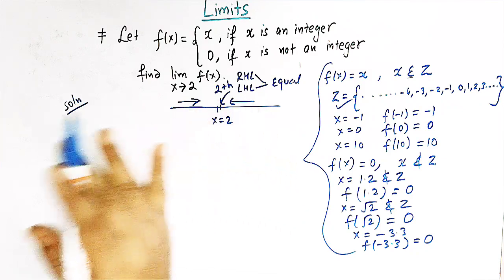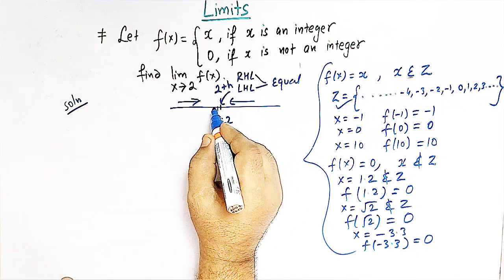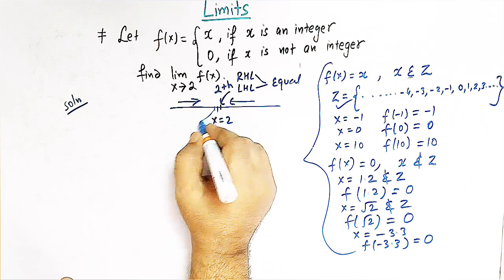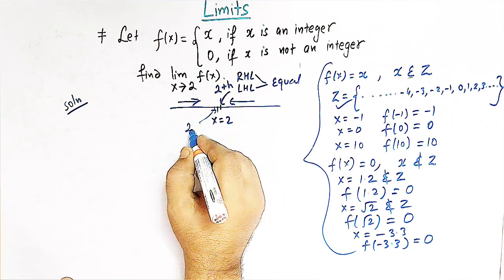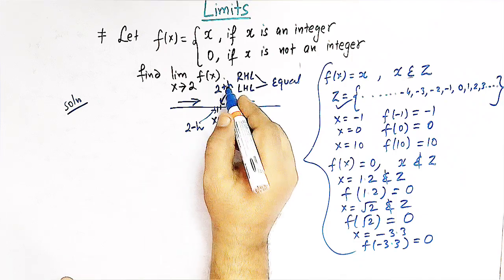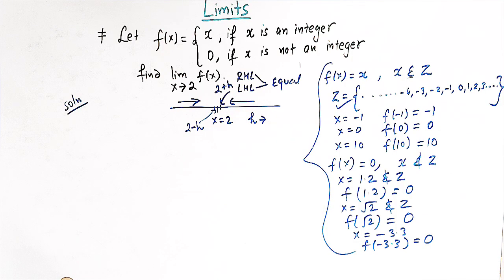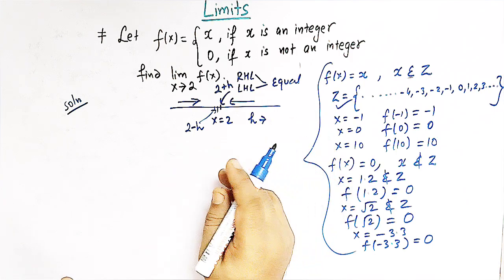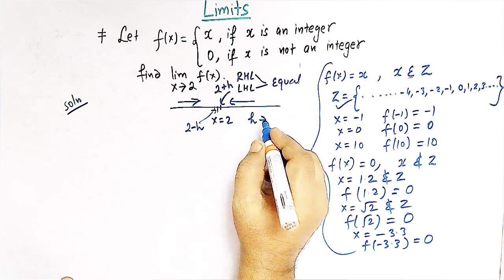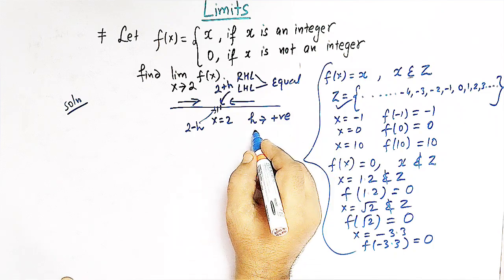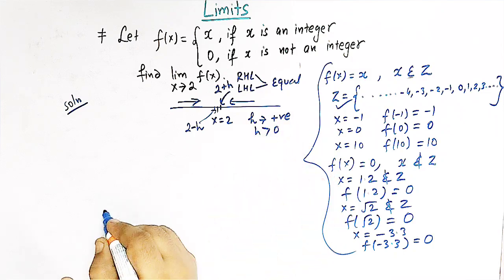And when we approach from left, we have a point that is very close to x is equal to 2, and this point is given by 2 minus h. And remember, this h is a very small quantity which is known as infinitesimally very small, and this h is a positive quantity, right? But h is greater than 0.